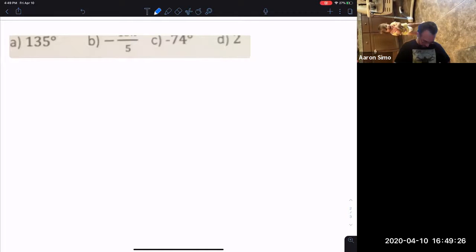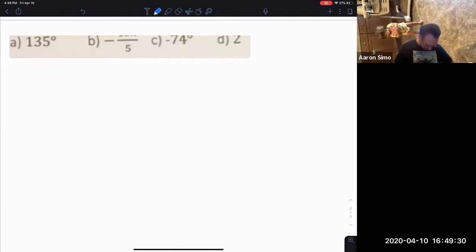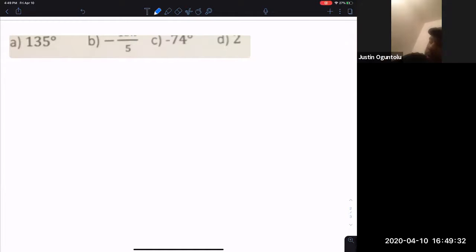Good, man. You remember. That's awesome. That's right. Whatever you're trying to go to, that should be in the numerator. Cool. So 1 pi is 180 degrees.